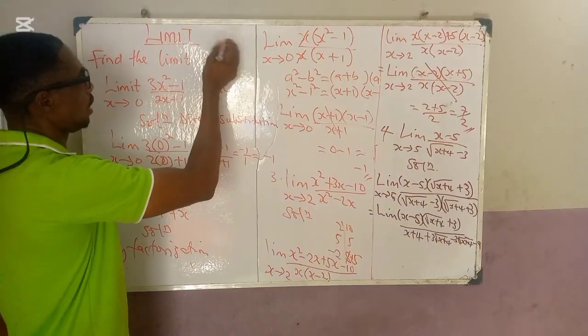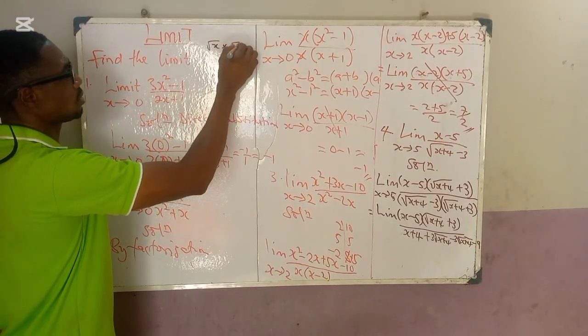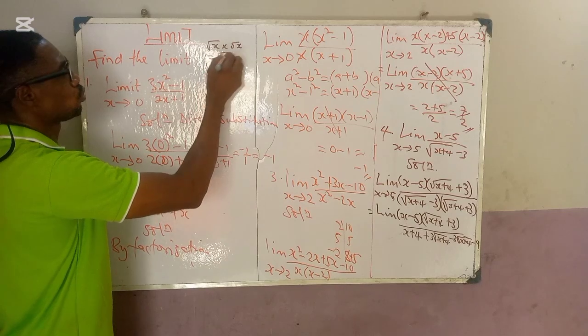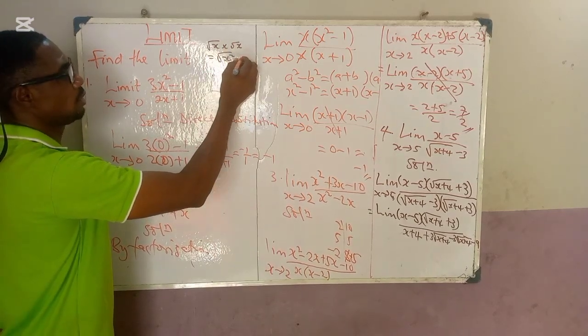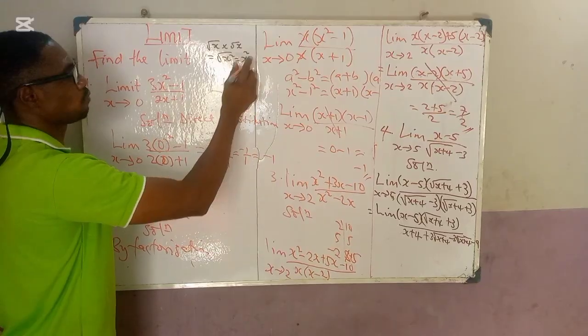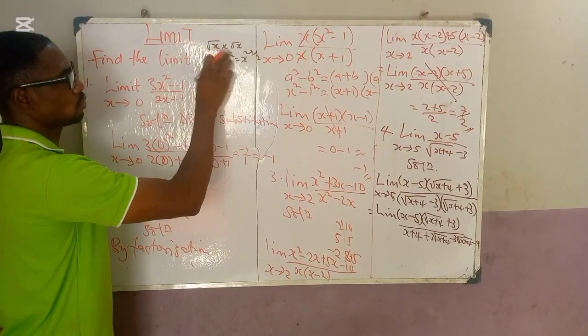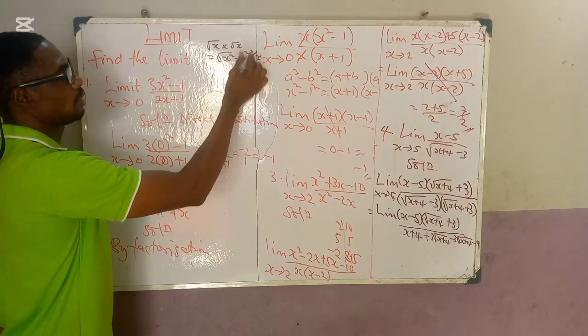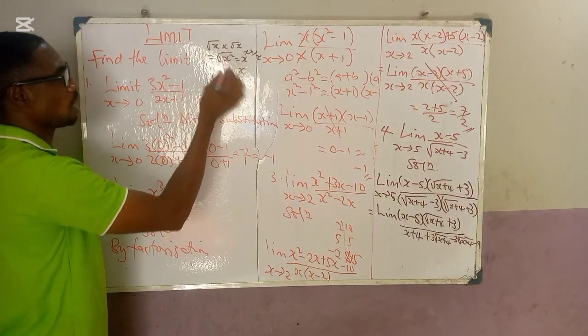Look at it. If you're familiar with indices, root x times root x will give you root x squared. And what is root x squared? It is x to the power of 2 raised to the power of half. This square, root sign, becomes half there. Then divide this, you are left with x. Meaning that root x times root x will give you x.